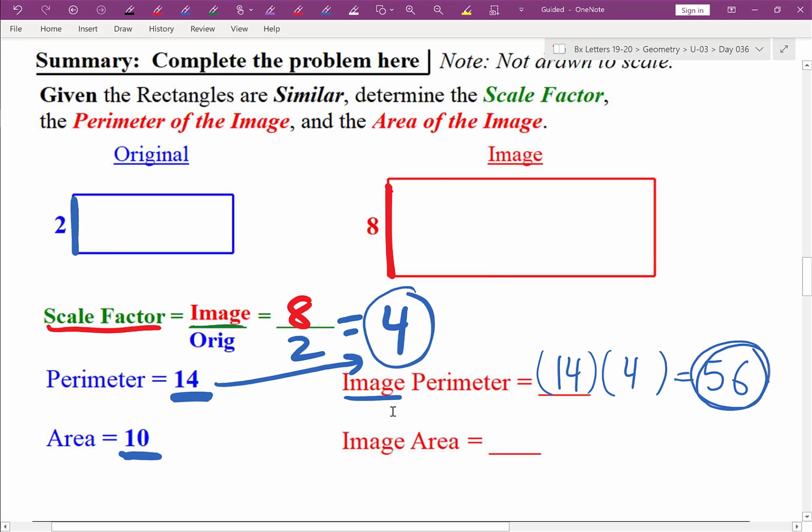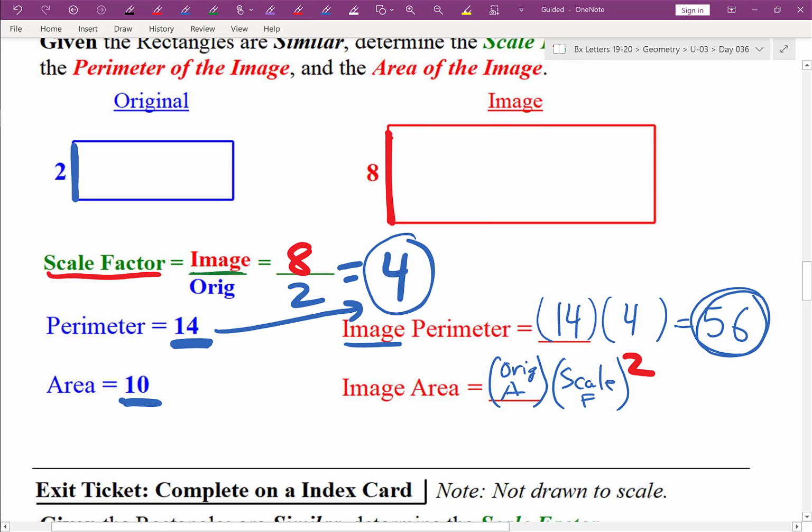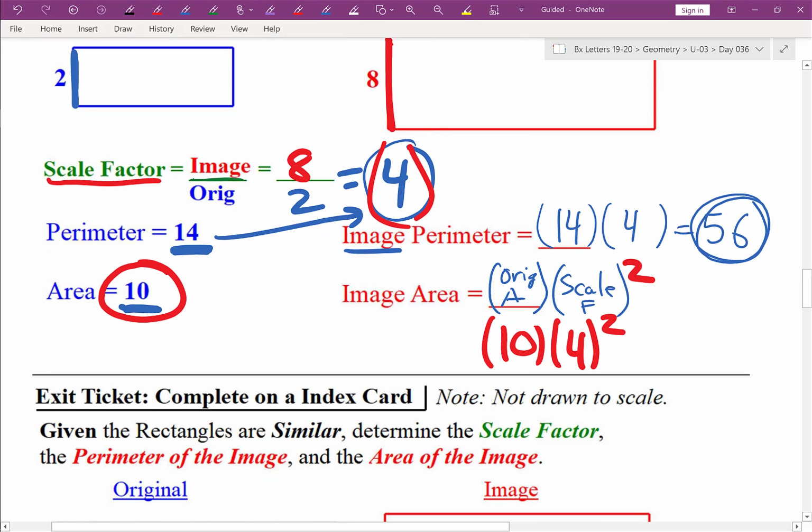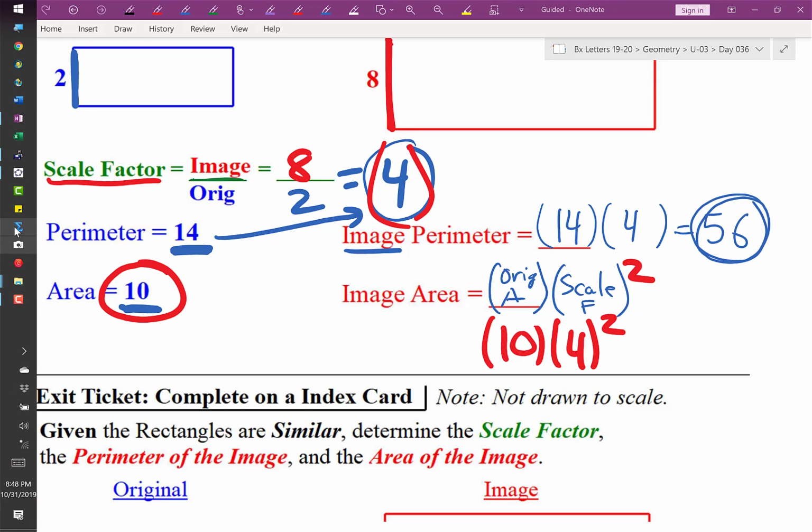Now, area, on the other hand, is the original area, and it's not times the scale factor. It is times the scale factor squared. So if I take my original area of 10 and times it by my scale factor squared, not 10 times 4, and if I square 4, not 4 times 2 either, right?